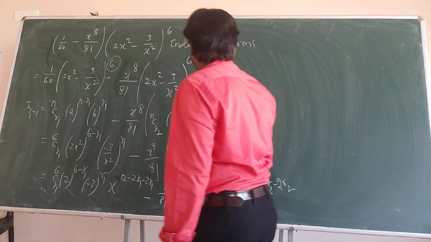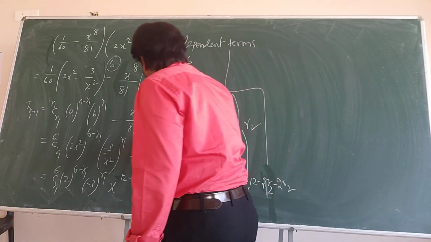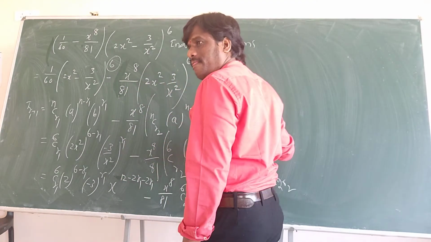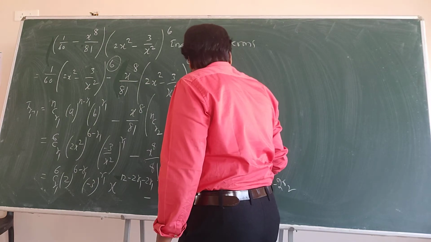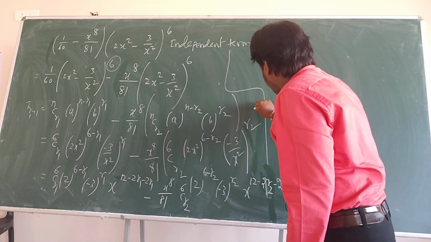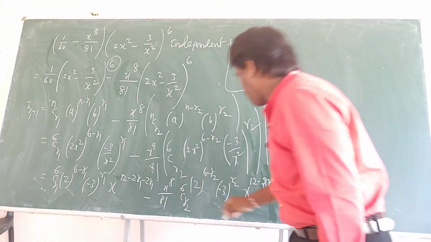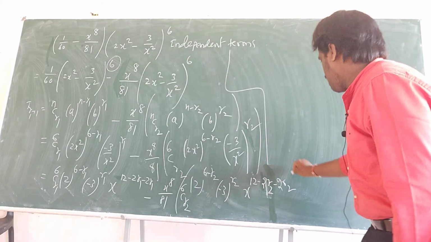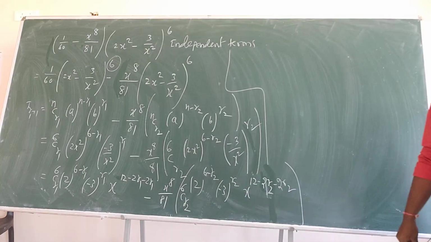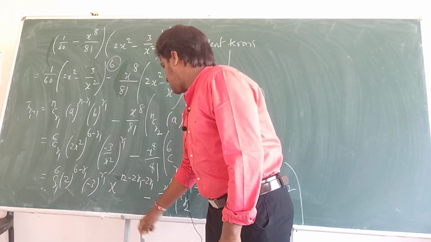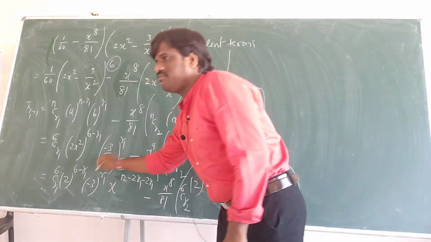It's a bracket, right? In the r2 power, right? So the bracket is this. Right? Awesome. Now this one I have to make 0.